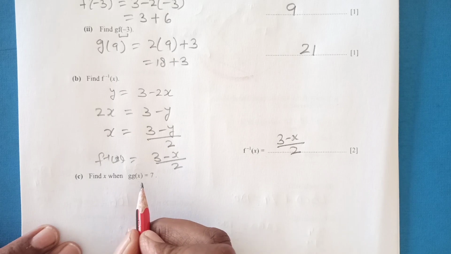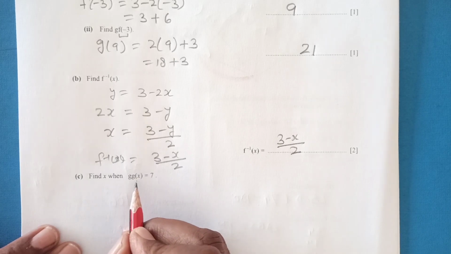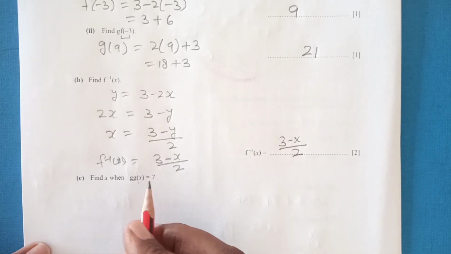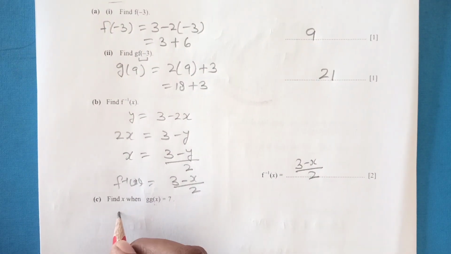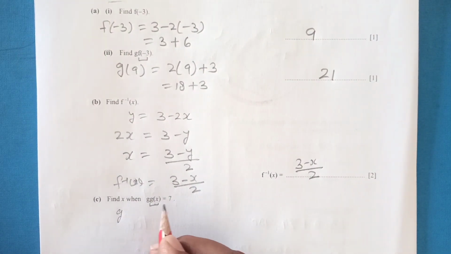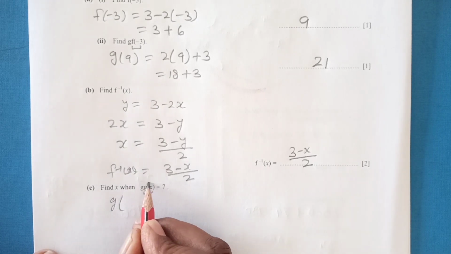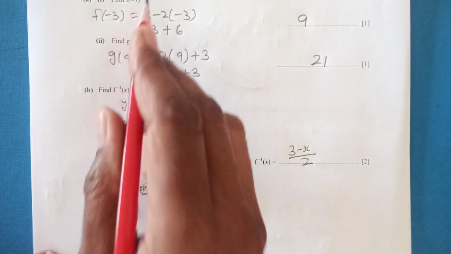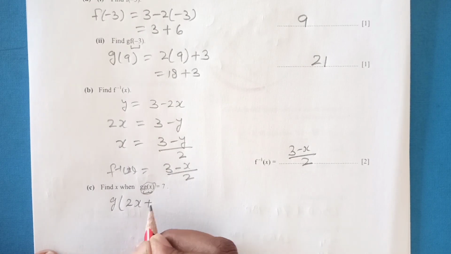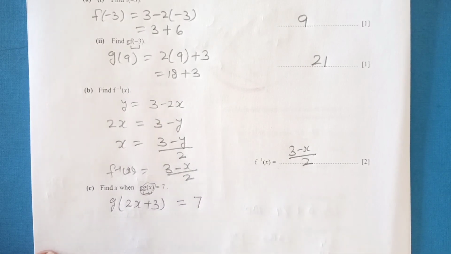Now g of g(x) is 7. So g(x) is this here. Always with functions you start from the right hand side. So on the right hand side we have g(x) here. So we are going to put g(x) as 2x plus 3, and this is equal to 7.